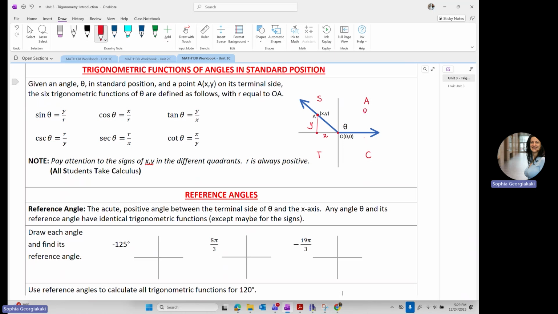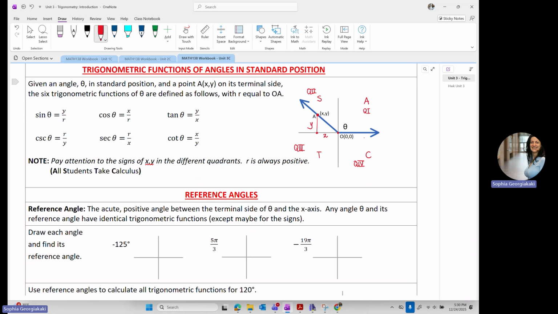So quadrant 1 was the A, and quadrant 2 was the S, and quadrant 3 was the T, and quadrant 4 was the C. And this indicates which trigonometric functions will be positive. All are positive in quadrant 1. The sine is positive in quadrant 2. That is because the y is positive.